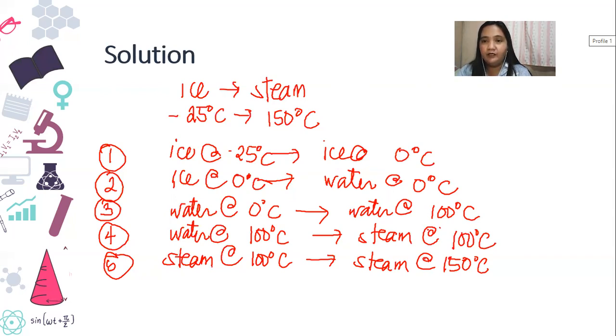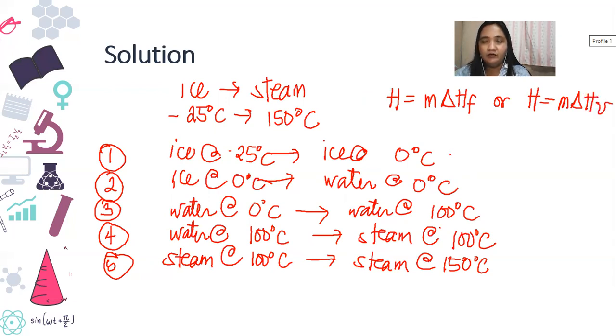For enthalpy, you just use the formula. Of course, H is actually m delta HF, or H is equal to m delta HV, right?